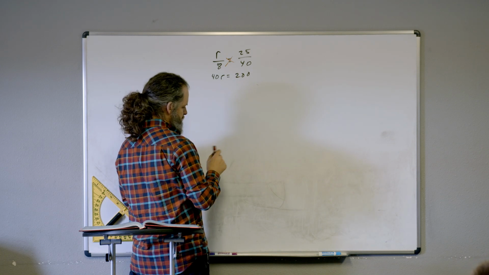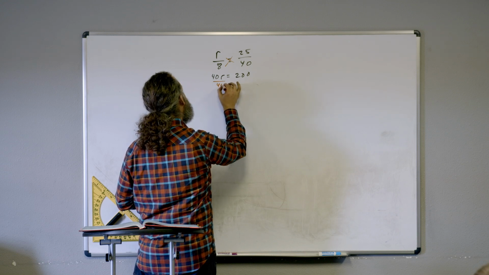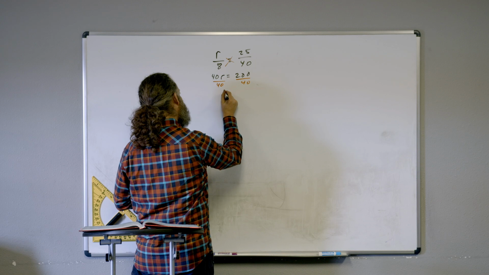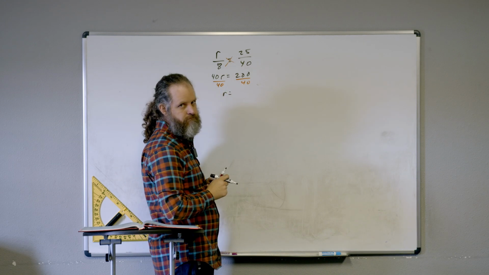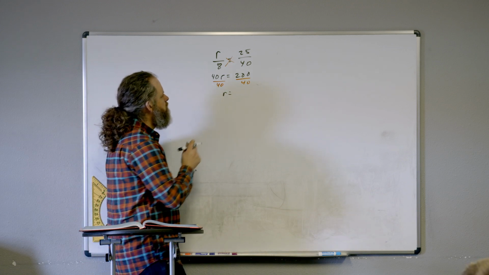Then what would we do? Divide by 40. So R would equal what? 5.